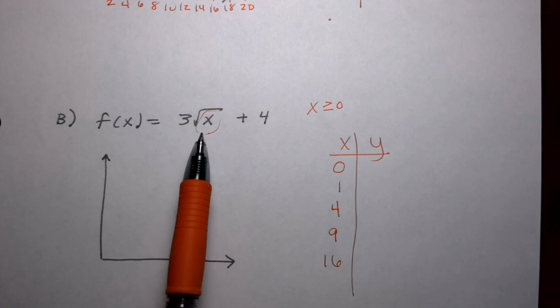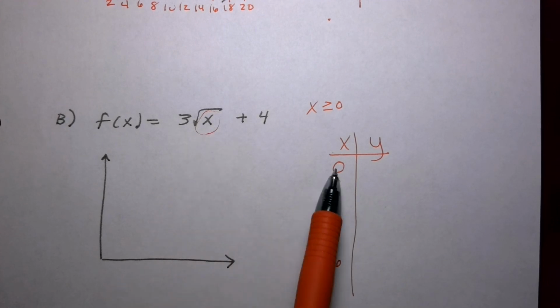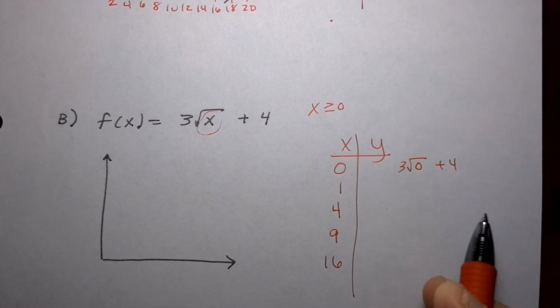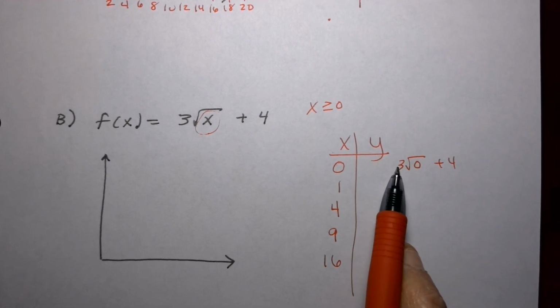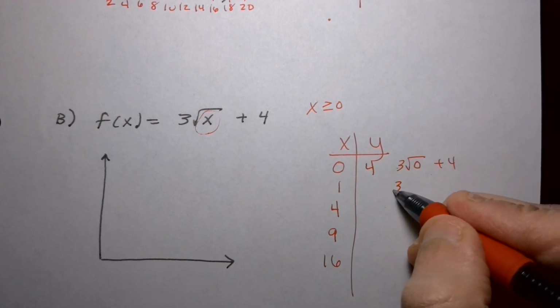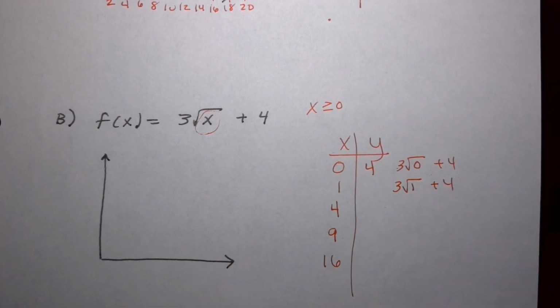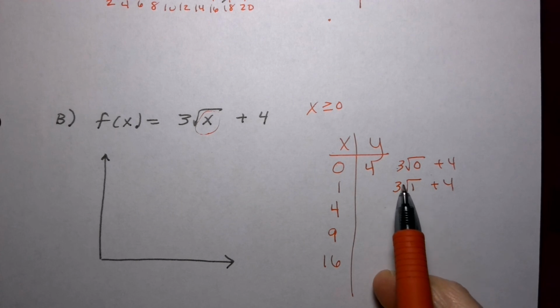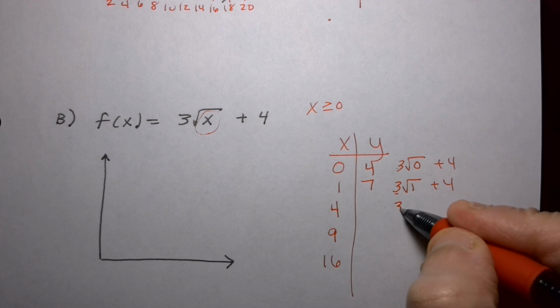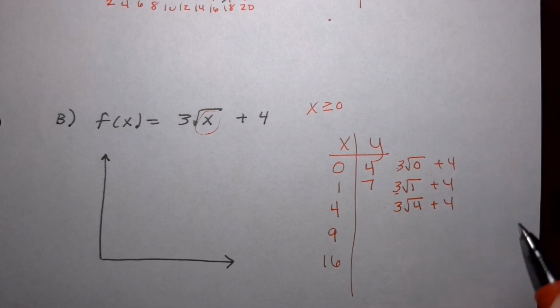All right, so we've got the square root of 0. Square root of 0 is 0, times 3 is 0, plus 4. We have 3 square root of 1 plus 4. Square root of 1 is 1, times 3 is 3, plus 4 is 7. We have 3 square root of 4 plus 4.